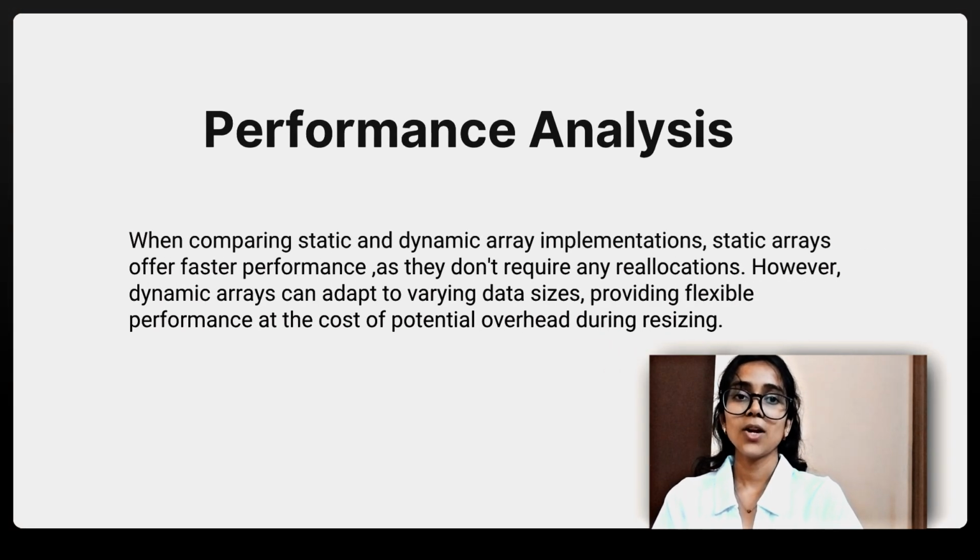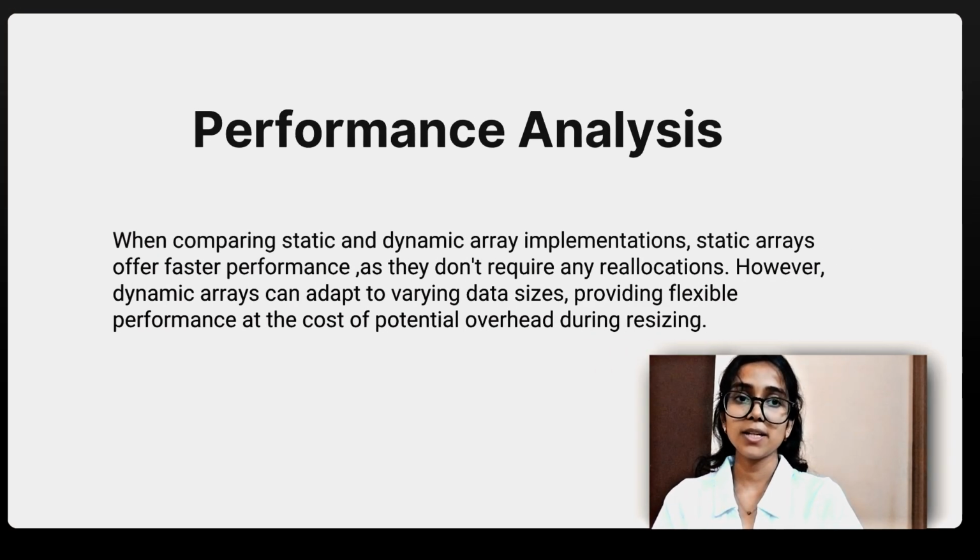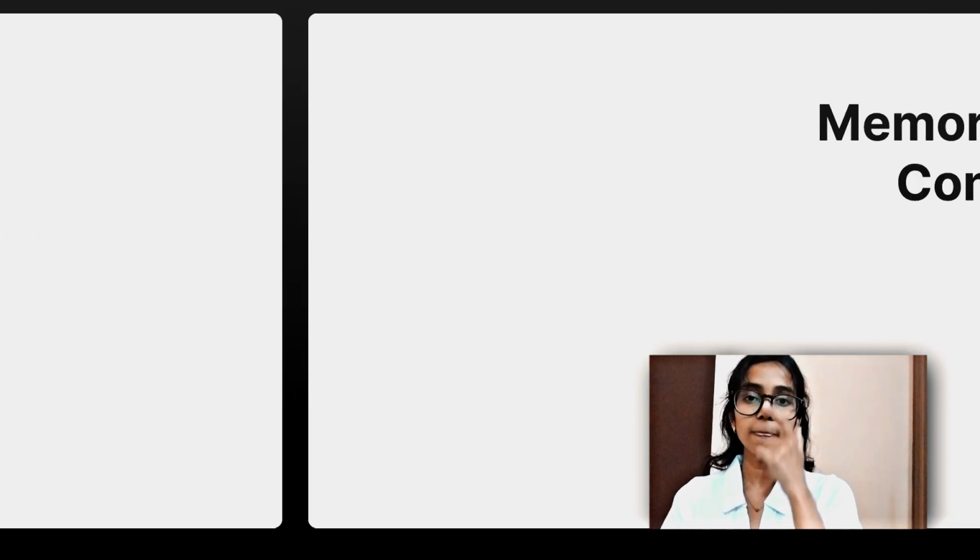Performance analysis. When comparing static and dynamic array implementation, static arrays offer faster performance as they don't require any reallocation. However, dynamic arrays can adapt to varying data sizes, providing flexible performance at the cost of potential overhead during resizing.